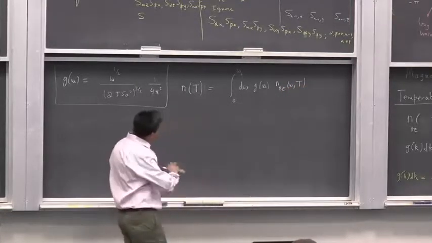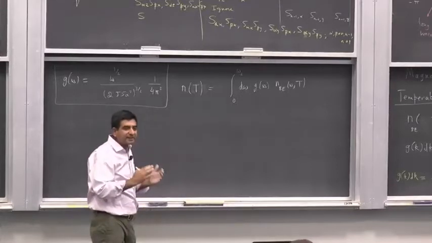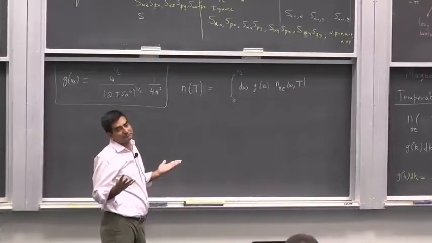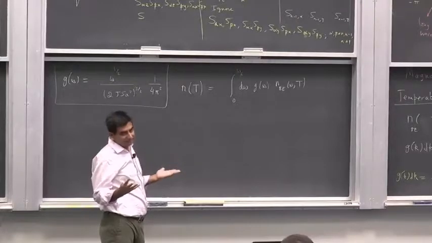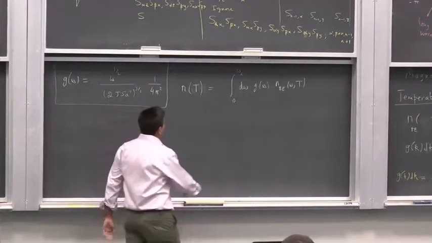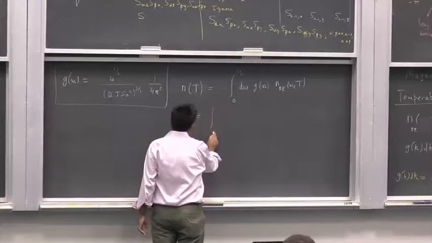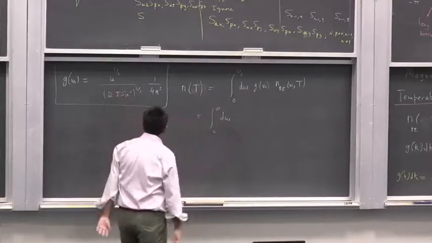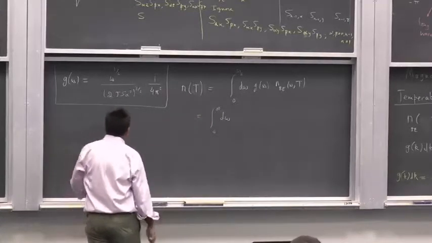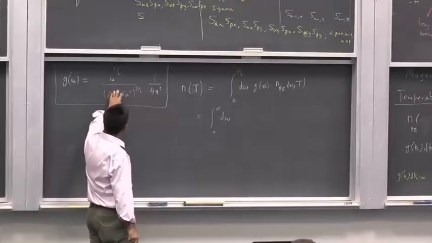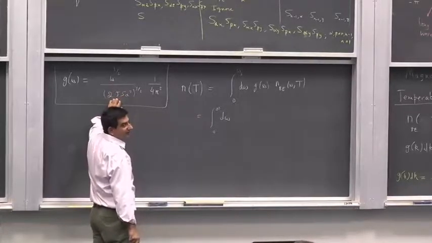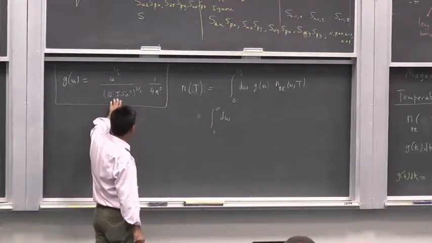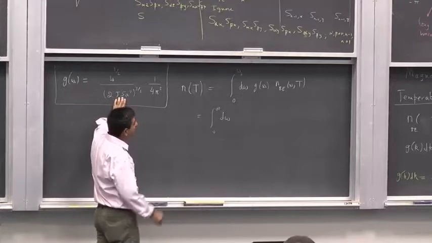This will give us the total number of magnons that are excited at a certain temperature T, which is low. Right? So if I just put in these values, it's the integral from 0, d omega. Remember that now this term has a J in here. It has the exchange coupling constant in here, it has the spin here, so these are quantum mechanical quantities that are appearing inside this expression.